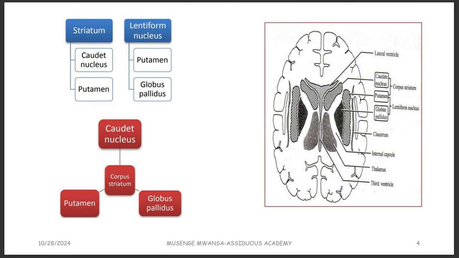But the same lateral guy, the putamen, if you combine it with the caudate nucleus on top, that is going to form the striatum. So the striatum is just caudate nucleus and putamen. But if you combine these three parts, the putamen, the globus pallidus, and the caudate nucleus, that now forms the corpus striatum.